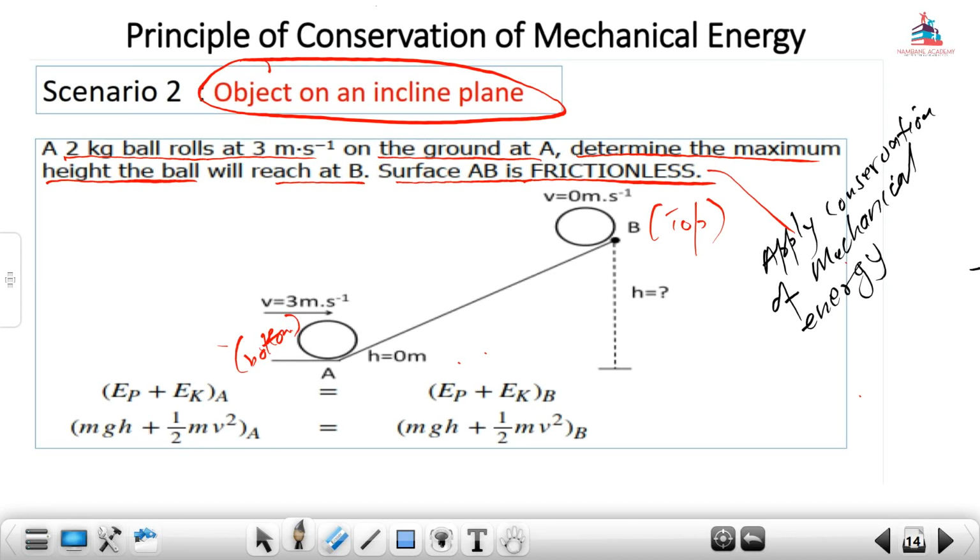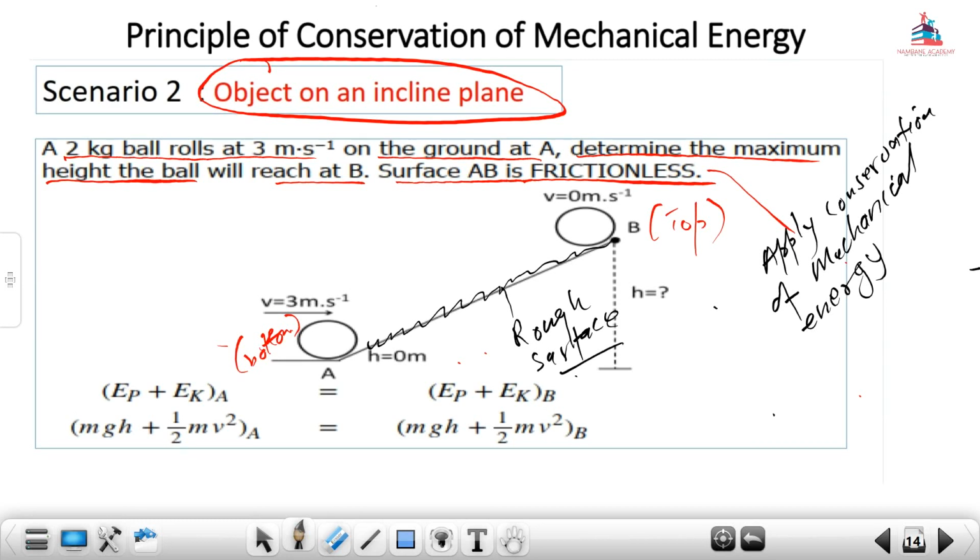Thank you. What happens is, in this case surface AB is frictionless, but now if the examiner decides to say AB is a rough surface, let's say that is what the examiner is saying instead of a frictionless surface. It basically says we cannot apply conservation of mechanical energy.